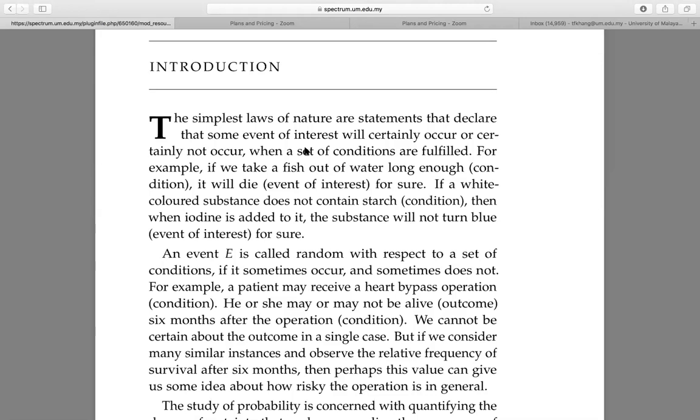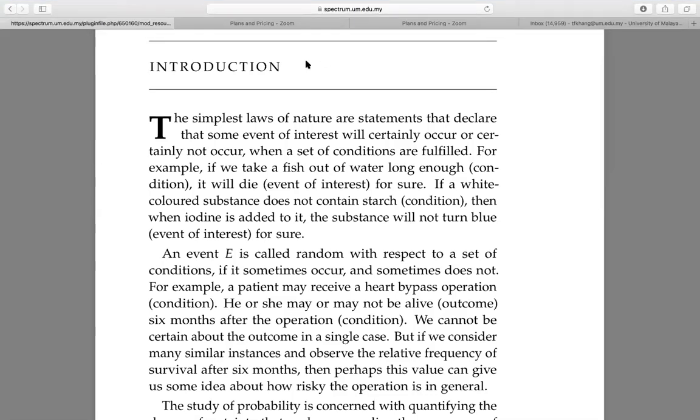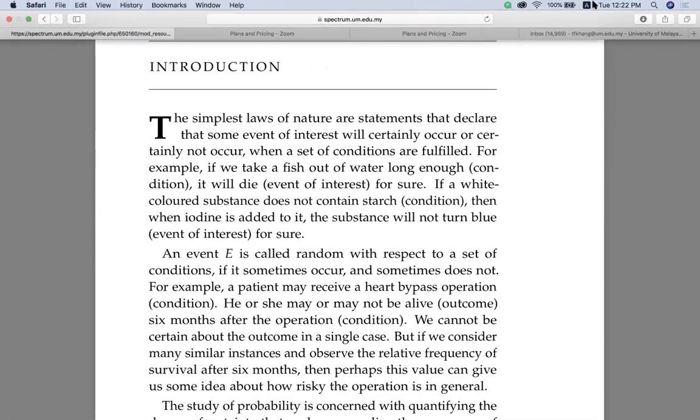I think this material should be quite light reading for starters. So can we do it now? Yes, doctor. Okay, now it's 12:22, so I will resume at 12:32.